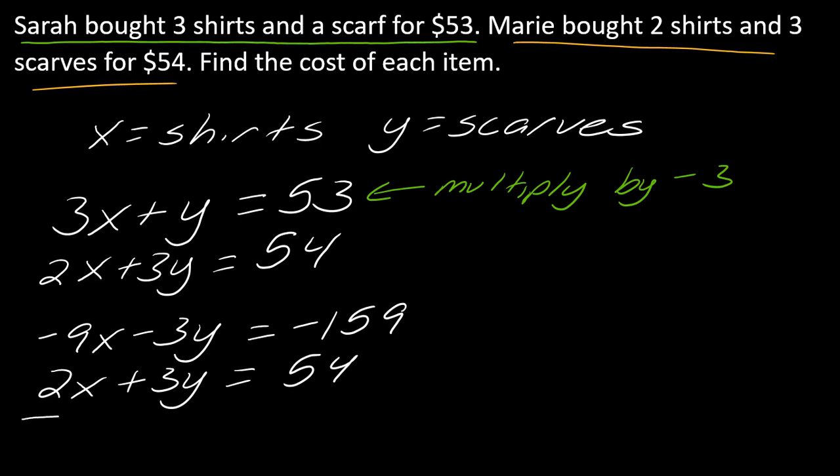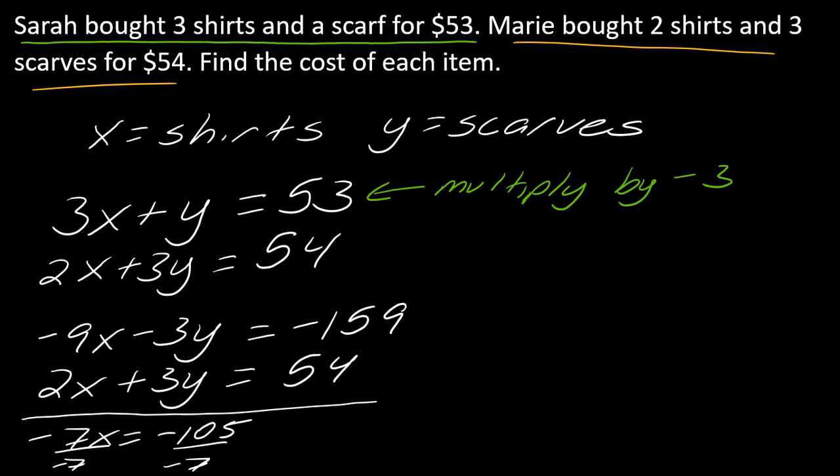So now if I use elimination and I just add these up together, I get -7x equals -105, and then I can divide both sides by -7 to get that x equals 15.